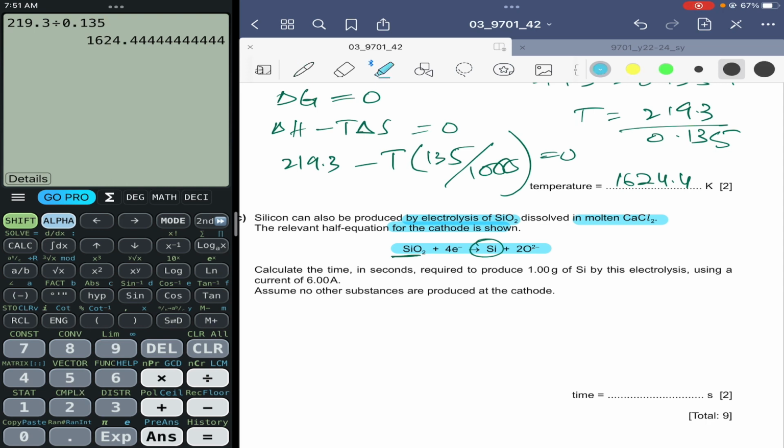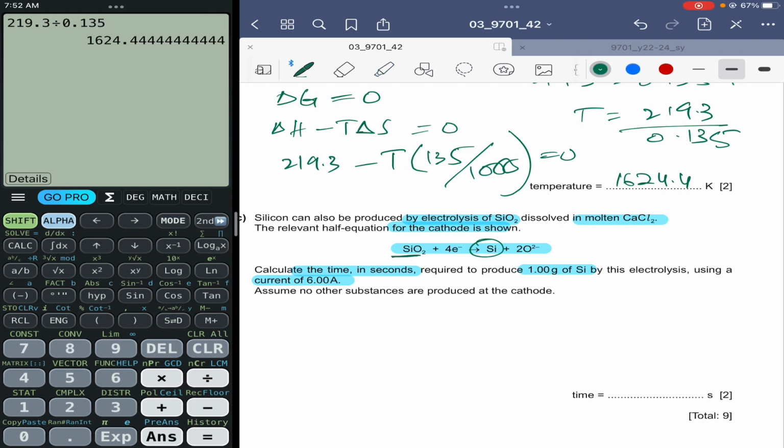Now, the question is, calculate the time in seconds required to produce 1 gram of silicon by this electrolysis using a current of 6 amperes. Assume no other substance is produced at the cathode.